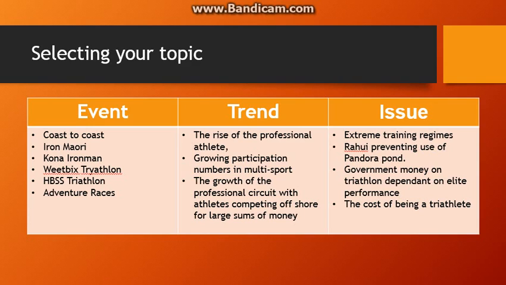You could look at the way that government money is distributed on elite sport, and particularly with triathlon, as in other sports, is dependent on the performance in those sports. Or you might choose to investigate the cost of being a triathlete, which can be a very expensive hobby.